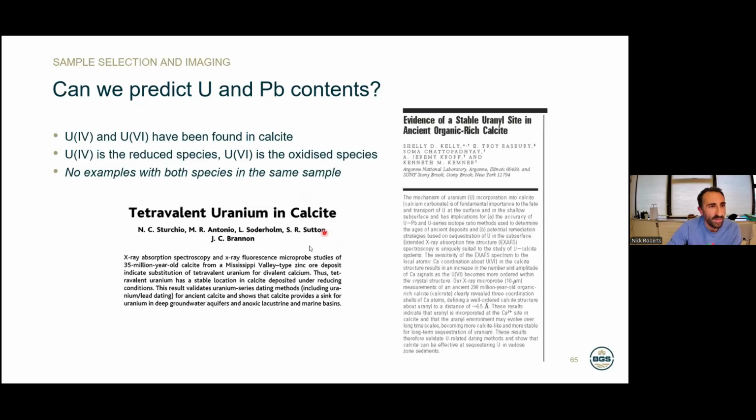Basically one paper found uranium-4 and another found uranium-6. Uranium-4 is a reduced species in natural groundwaters and the natural environment, and uranium-6 is the oxidized species. And something else they claimed is that there were no examples seen with both species.